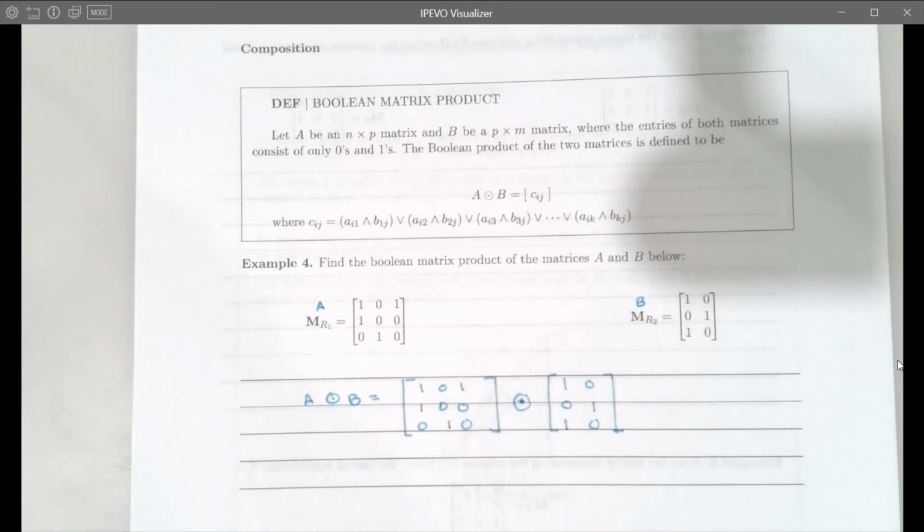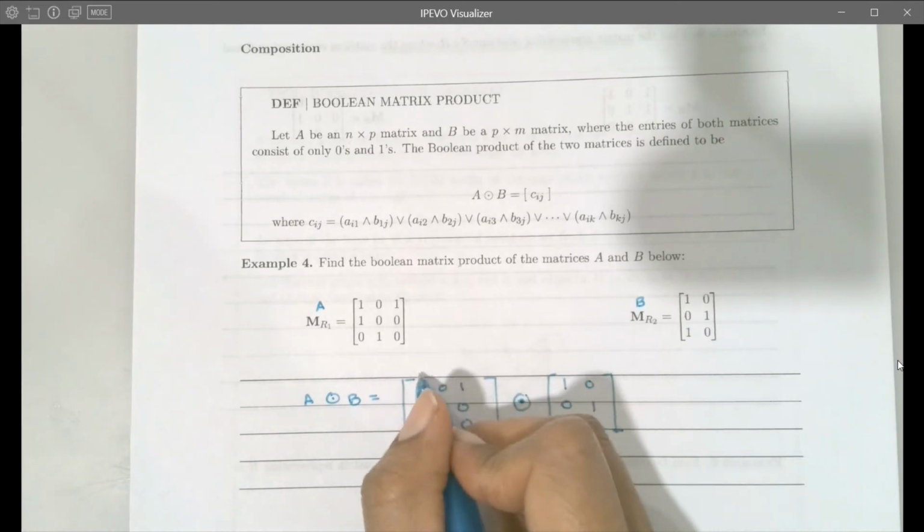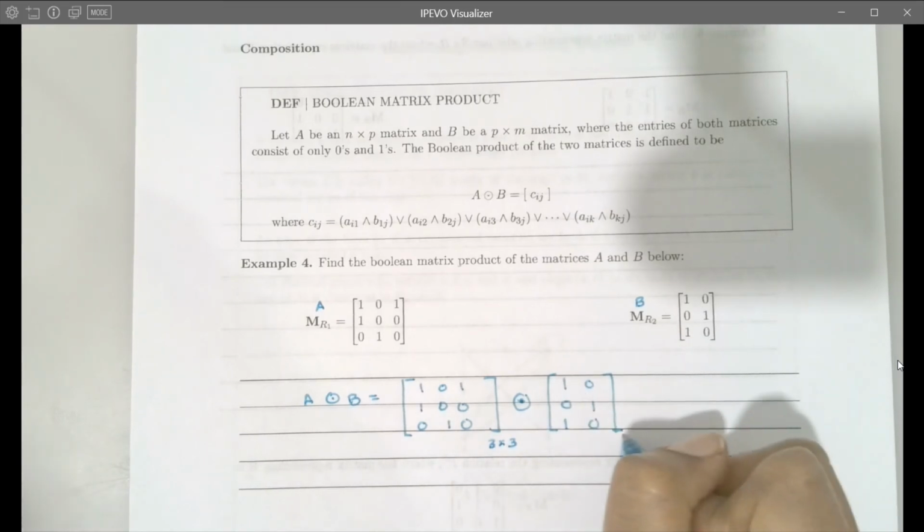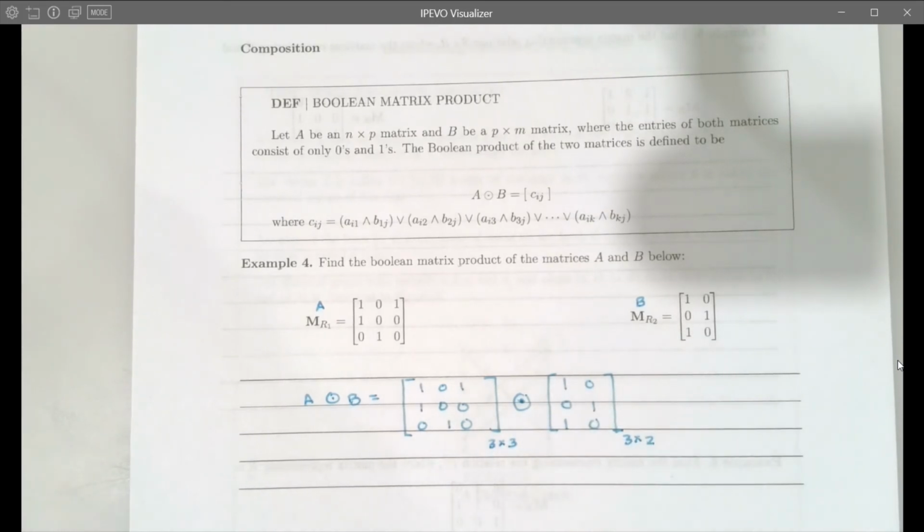What we have to be careful about here is that this is 3 rows by 3 columns. This is 3 rows by 2 columns. So we always have to make sure that the number of columns of the first matrix agrees with the number of rows of the second matrix. And the reason is this.